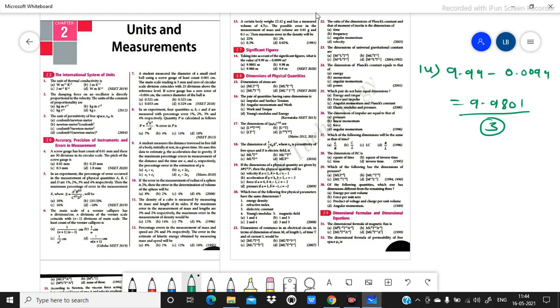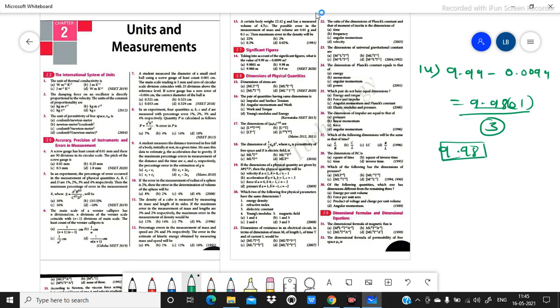taking into account the significant figures, what is the value of this. If I take the significant figures as 3, the correct answer will be 9.98, because these are all significant figures, so I have to neglect the rest. Okay, the least number of significant figures is 3, hence the required answer will be 9.98.